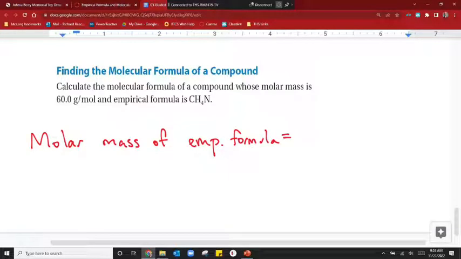Okay, that's CH4N. So that's going to be carbon plus 4 hydrogens plus nitrogen. I'm getting 30.06.